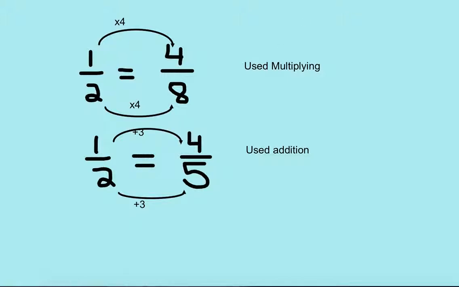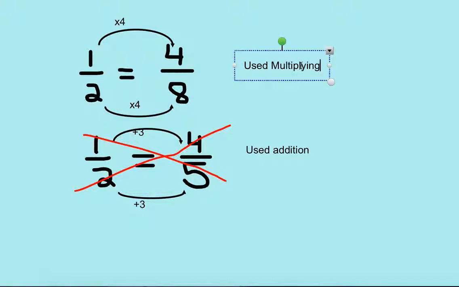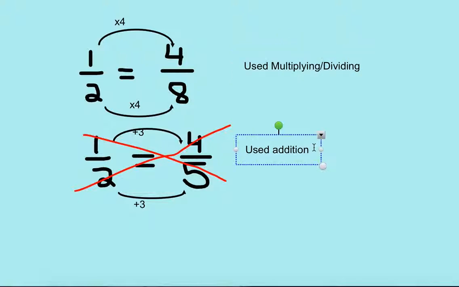So here's where we find out that this is not a true statement when you are doing ratios. When you are creating equivalent ratios, you must use multiplying, or you could also use the inverse, which is dividing. Adding and subtraction are not going to create equivalent ratios.